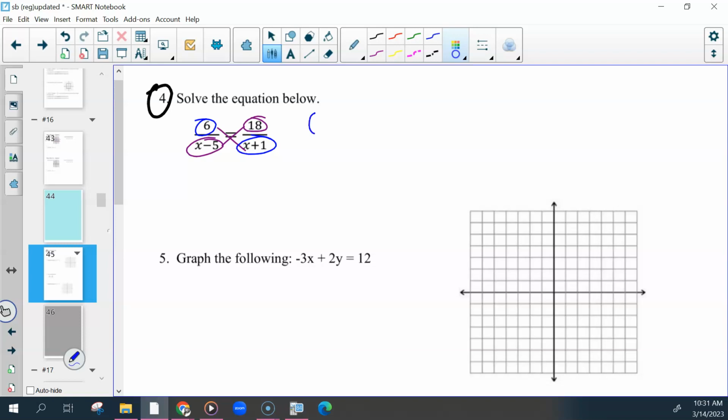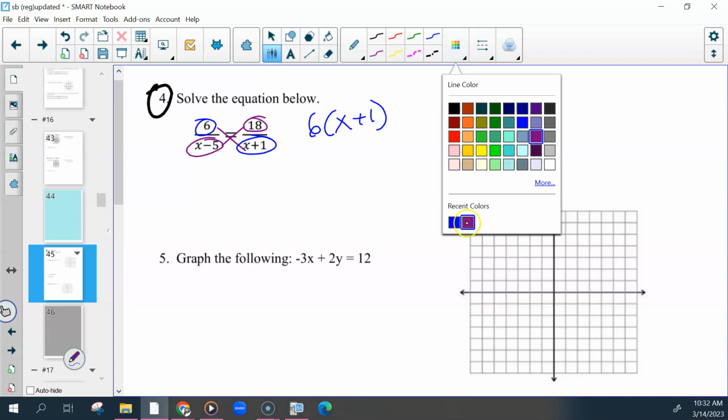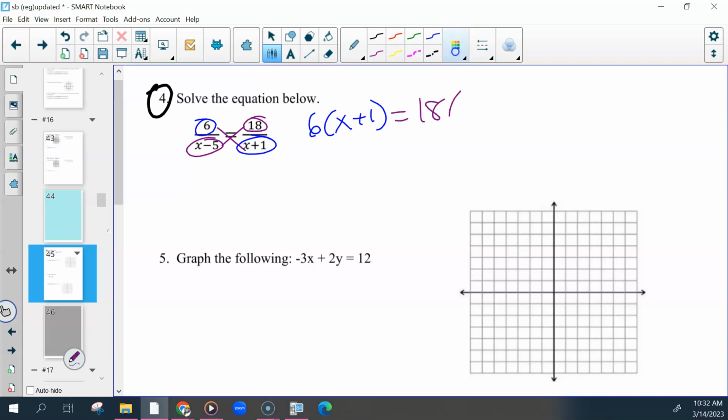So this would be 6 times x plus 1 equals 18 times x minus 5. And then from there we could distribute both. So 6x plus 6 and 18x minus 90.